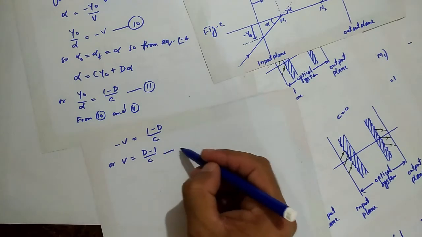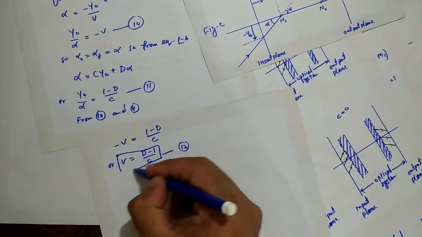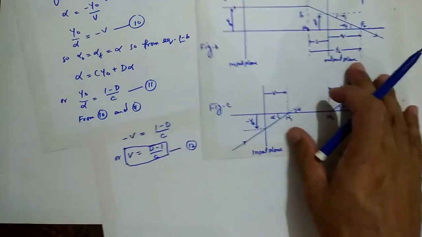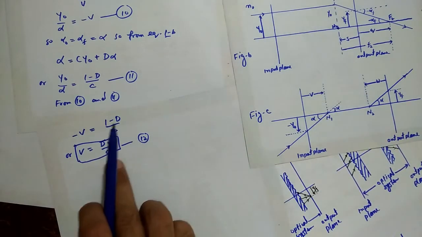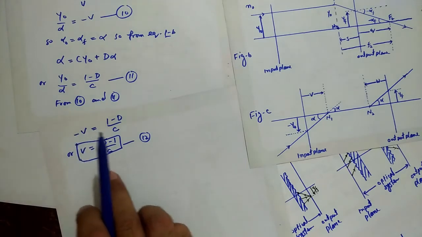Let this be equation number 12. So this is the position of the front nodal point. This is v, which is given in terms of the matrix elements d and c.